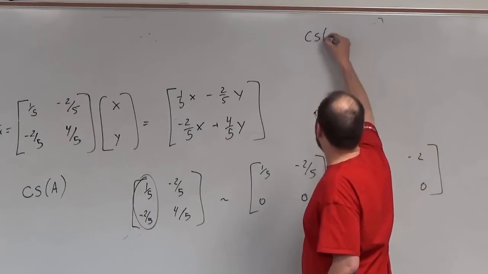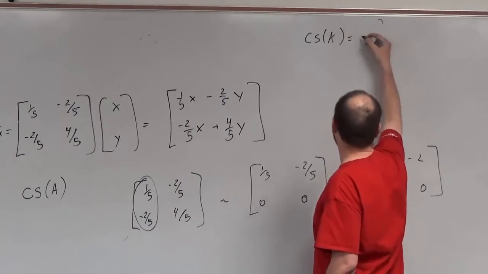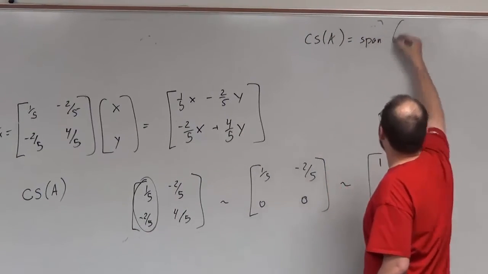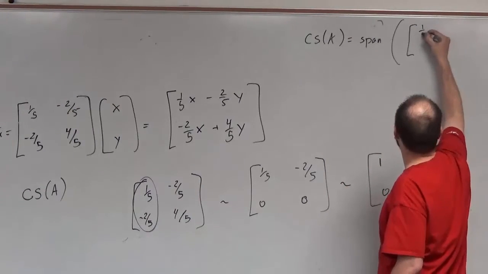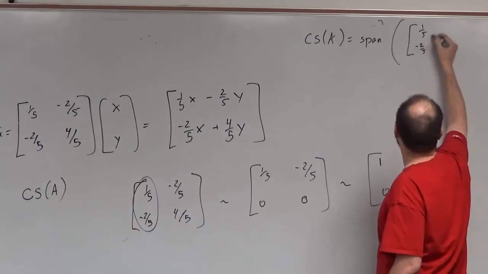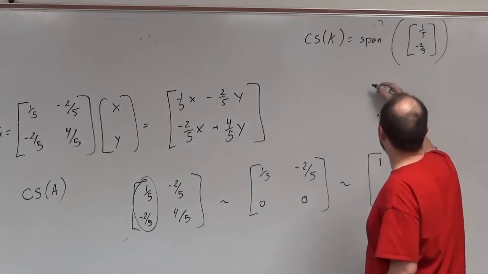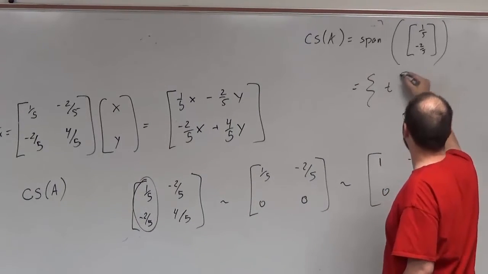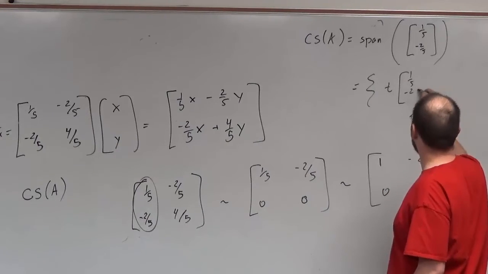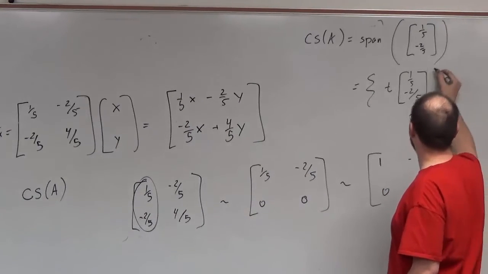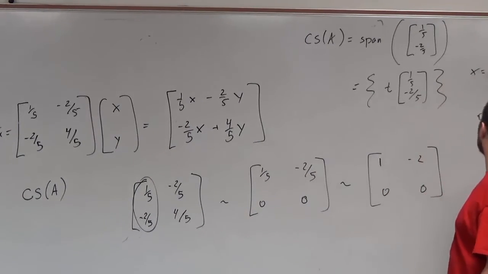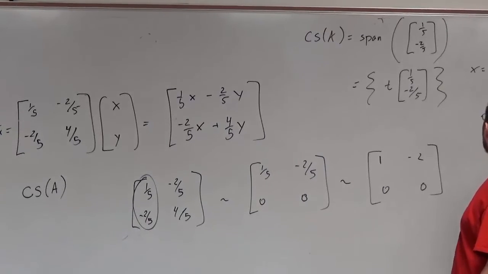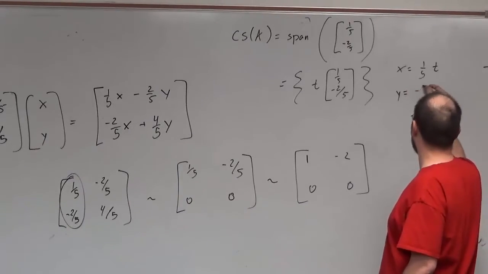So we see the column space of A is just the span of that column, i.e. it's the set of all multiples of the column. So we see that x is 1/5 of t, and y is -2/5 of t.